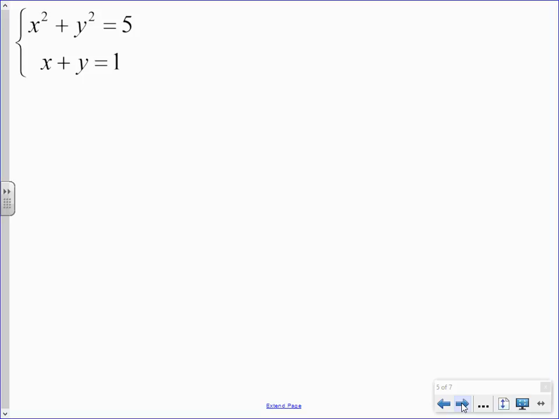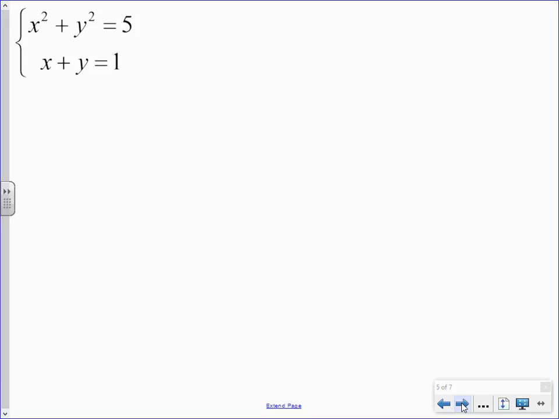So we have a circle and a line. We could have how many solutions? 2. We could have 2, we could have 1, we could have none. It's possible that this line doesn't even cross through. More than likely it does. But it is possible for a line to go through twice on a circle, once on a circle, or not at all. So let's see what happens.